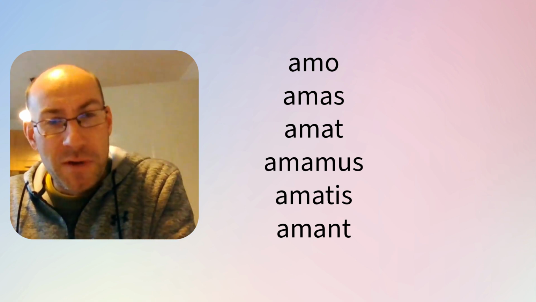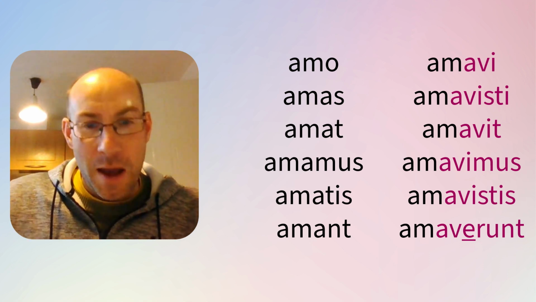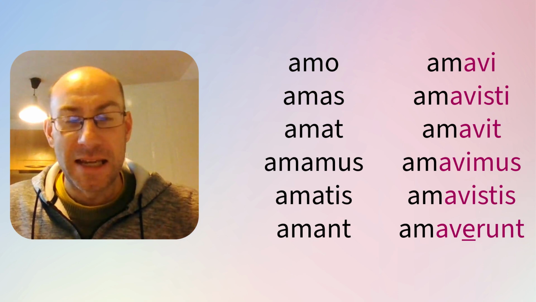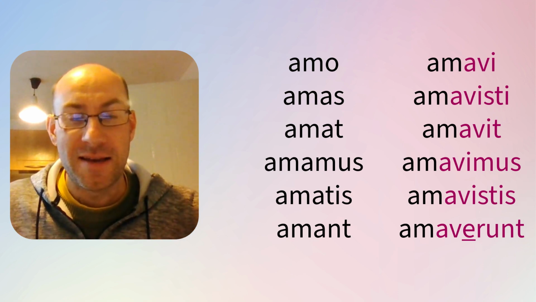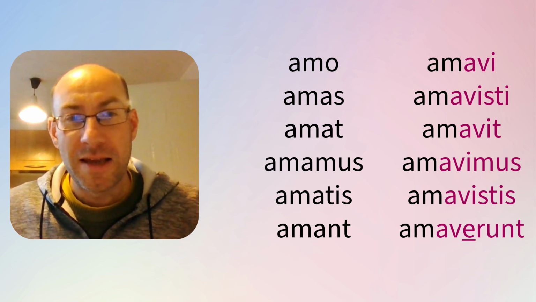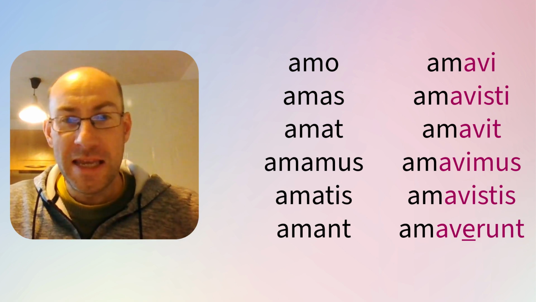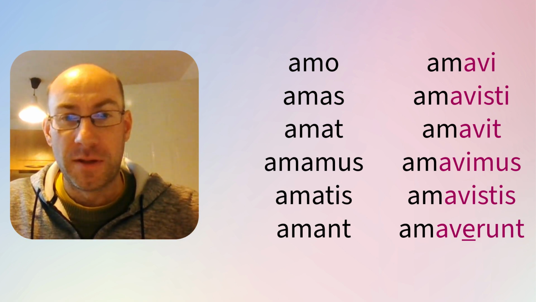Then in the last lesson, we said, right, well, let's keep that in our minds on one side, and we're going to add now the perfect tense. And it goes like this. Amavi, I loved. Amavisti, you loved, singular. Amavit, he, she loved. Amavimus, we. Amavistis, you plural. Amaverunt, with a long E, verunt, they loved.